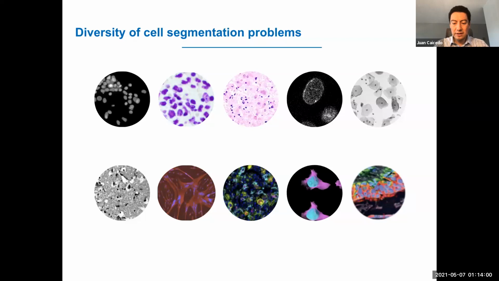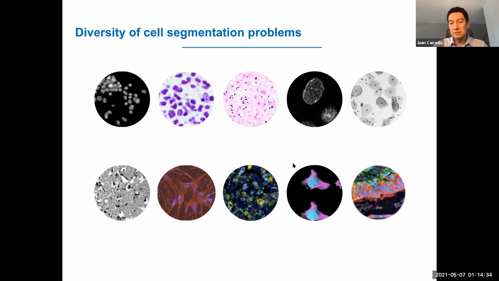So if you go and look at the literature, for each image type, you can find one specialized segmentation algorithm, which is kind of not good, because biologists like to be very creative about how to combine certain colors or imaging techniques in order to see more and more details about the cells. But every time you change your imaging technique, you're going to have to adjust the segmentation algorithm in order to make it work in practice.